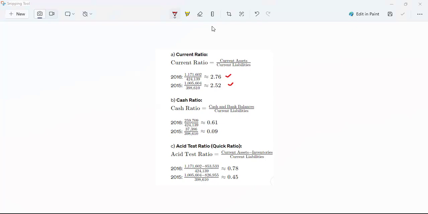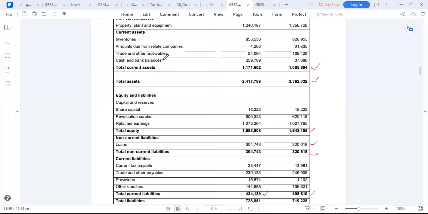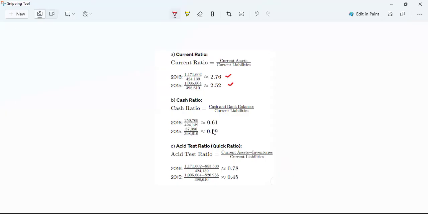When we go to our statement here, the last part, this is the figure we use against our total current liabilities. Are you following? Yes. This is how we calculate it. So 259 over 424, 37 over 394.